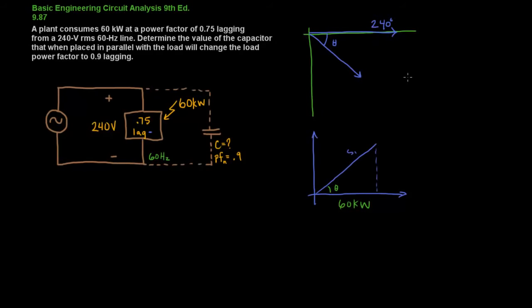Let's remind ourselves that the power factor is the cosine of the phase difference between the voltage and the current. And so we know that in our initial conditions it's 0.75. Don't forget to use the 0, right? So the inverse cosine of 0.75 will give us theta.